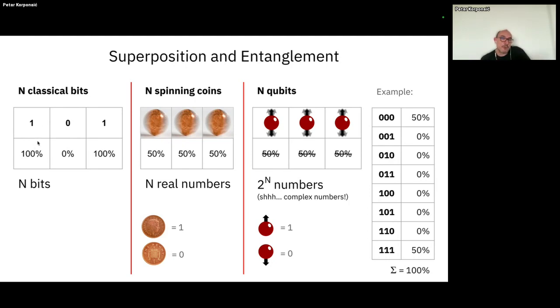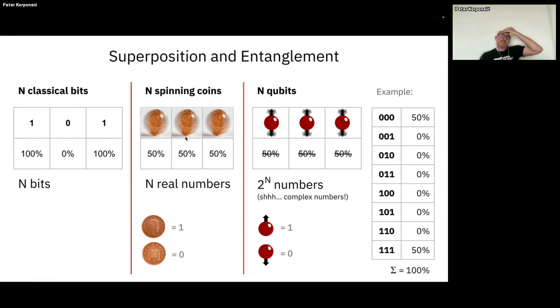In order to express the probabilities of a classical bit register, we don't even need real numbers, because that probability is either 100% or 0%, so it's 1 or 0. For n classical bits, we need n bits.